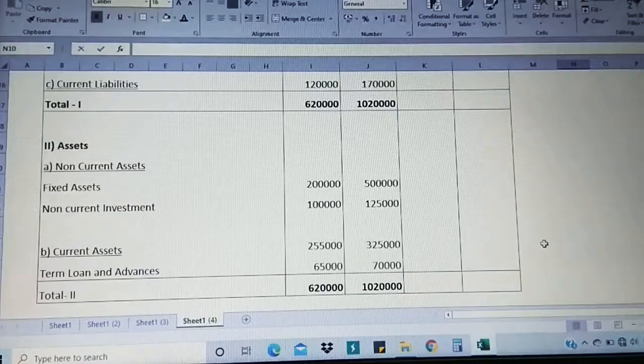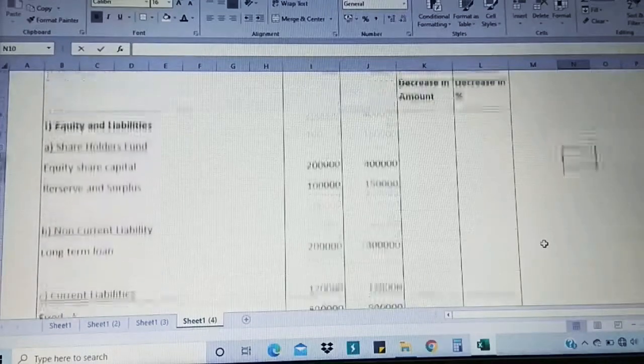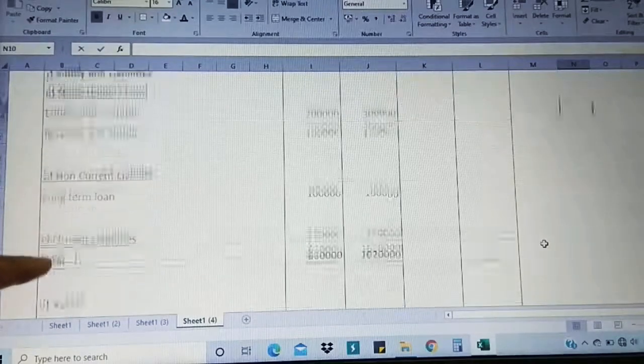That is why I said you have to be completely thorough with the balance sheet vertical format, so you can segregate it as per the headings or subheadings that come under each column of equity and liability and assets.